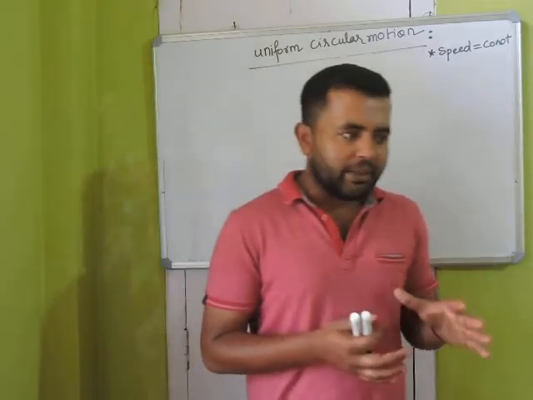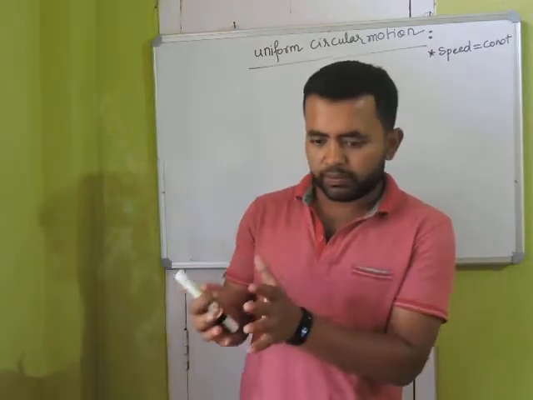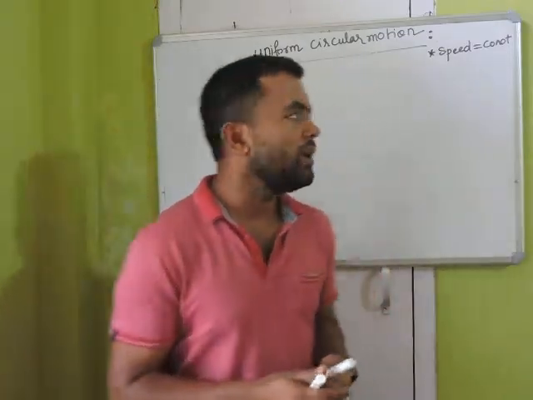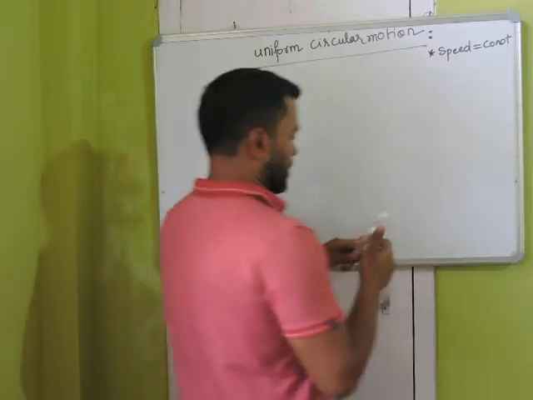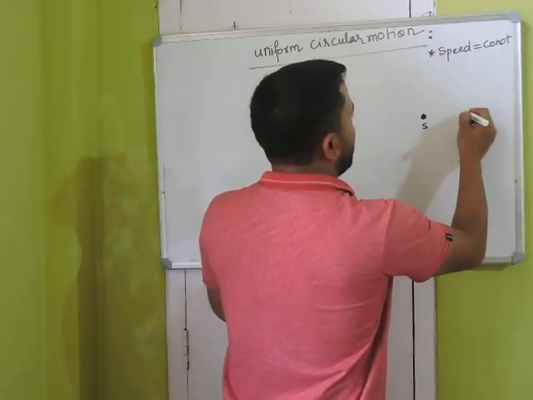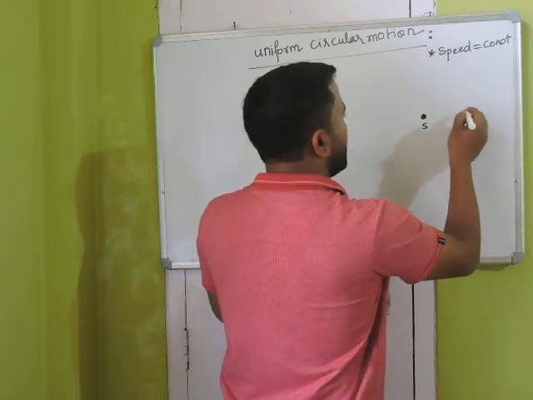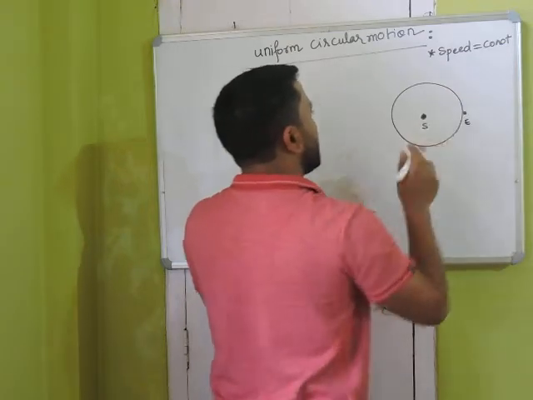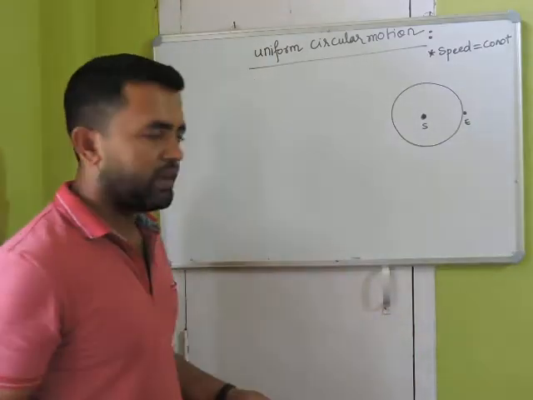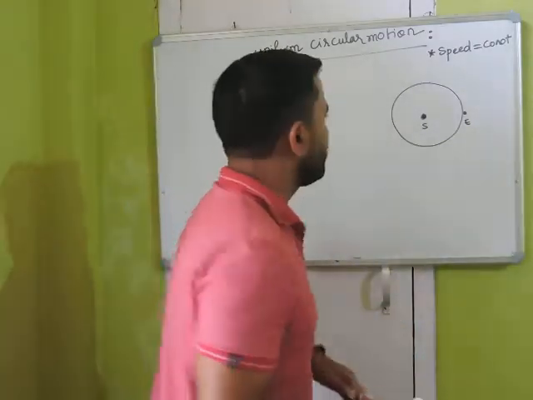Now let us come again to a very small scale, the atom. If you have the sun and this is the earth, it goes in a circle with almost constant speed. That's why we have the duration of a year fixed.